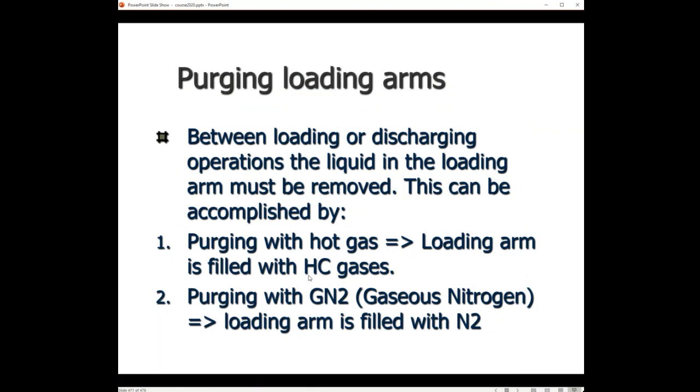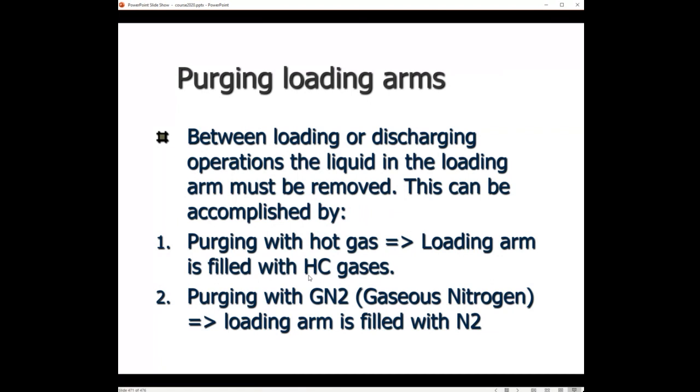You increase the pressure till, let's say, 5 bar, something like that. And then you suddenly open the valve so that the pressure can expand towards the shore side. In that way, you flush the liquid with more force towards the shore side. You can repeat that 2 or 3 times in order to make sure that a maximum amount of liquid has been purged.